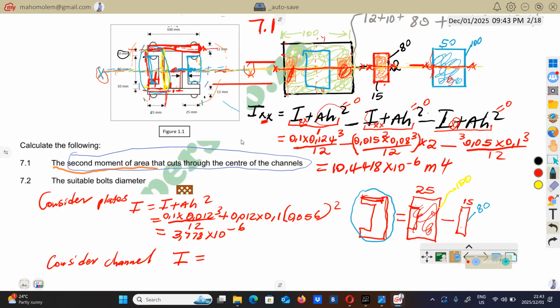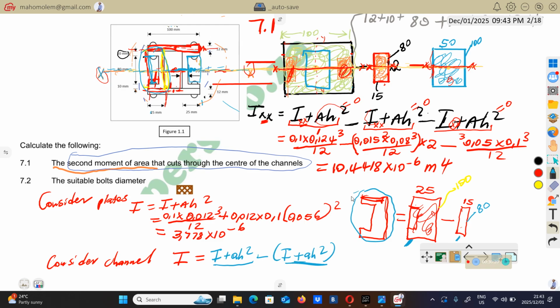So once we have these things on the same level, then the Ah part will disappear. So I will be this plus Ah squared minus I plus Ah squared. Remember, this part is going to be this one here, then this one is going to be this one.